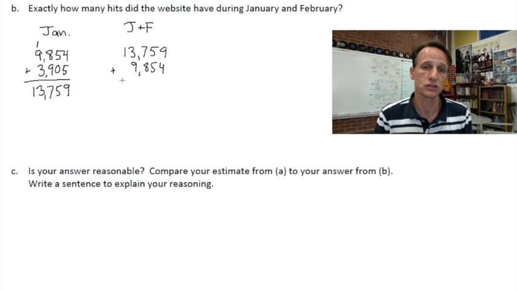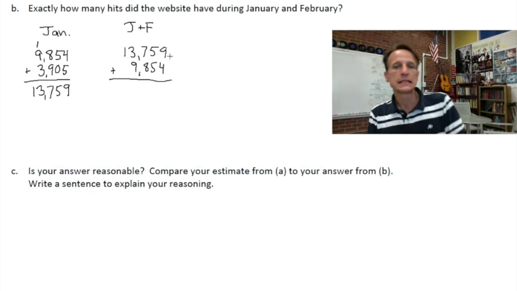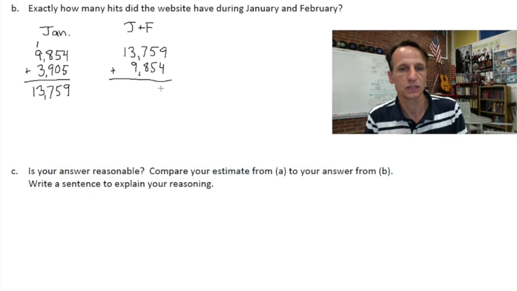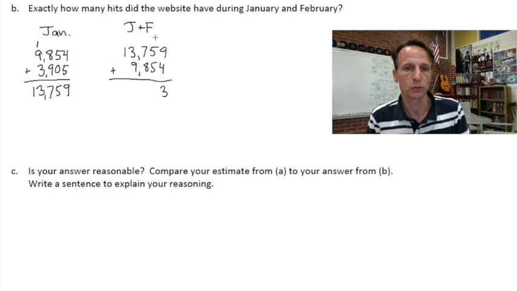All right, and it's just addition, folks. 9 plus 4 is 13. We place that 3. Regroup the 1. Oh, I see 5 and 5 make 10. 1 more is 11. It's the 1.